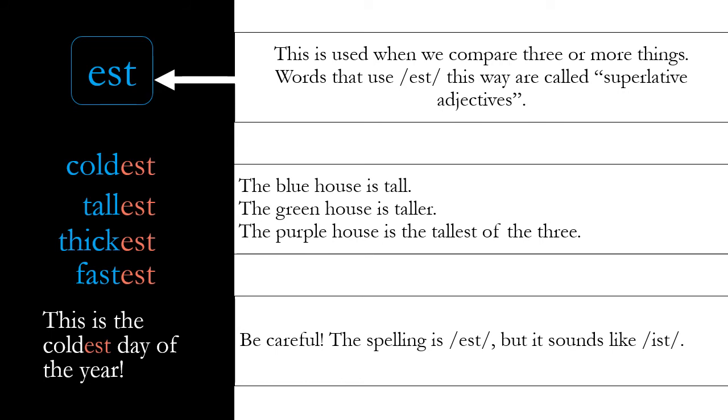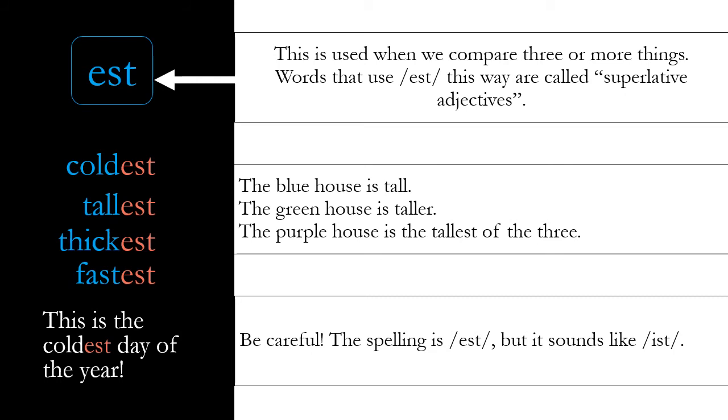So if we look at the sentences in the middle, the blue house is tall. The green house is taller. Oh, there's the ER. We're comparing that and the blue house. The purple house is the tallest of the three. Okay, so look all the way down at the bottom.